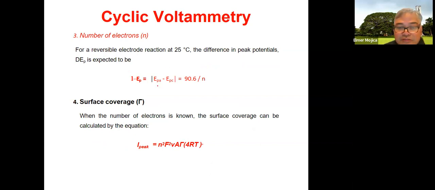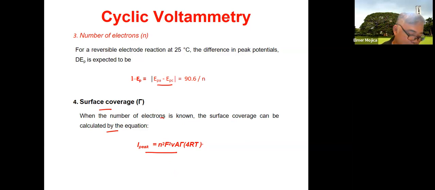Okay, it's expected to be like this one, based on this given formula. You can also determine the surface coverage. When the number of electrons is known, the surface coverage can be calculated by this equation. So these are just some information if you're going to use CV in details.